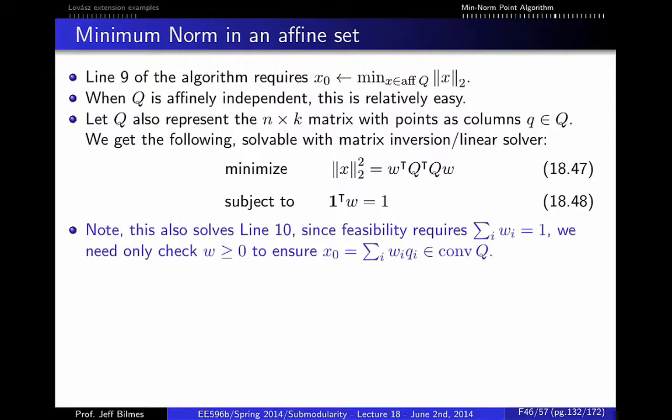And once we've done it, what we solve for is W, the affine coefficients, which gives us x by doing Q times W. Moreover, we can check line 10 just by checking that W is non-negative. Then it is in the convex hull. So that's really simple.